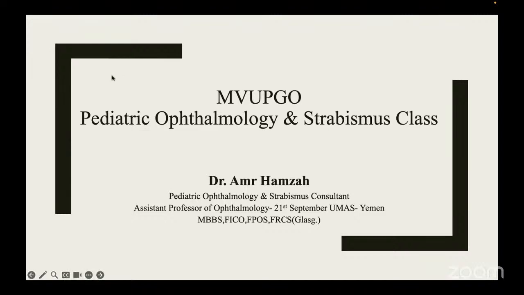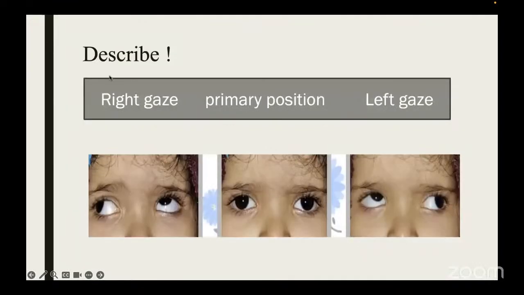Okay, so you got this patient in your clinical exam. This is a 2-year-old girl with outward deviation since 6 months. Can you comment on the photos? Yes, sir.